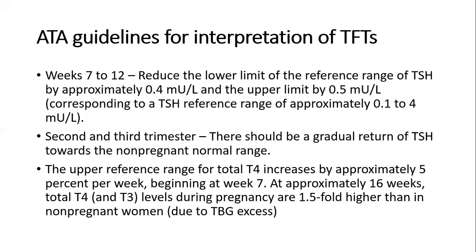Then for the second and third trimester, there should be a gradual return of TSH towards the non-pregnant normal range. The upper reference range of total T4 increases by approximately 5% per week, beginning at week 7. Then at approximately 16 weeks, the total T4 and T3 levels during pregnancy are around 1.5-fold higher than in non-pregnant women. This is due to TBG excess.